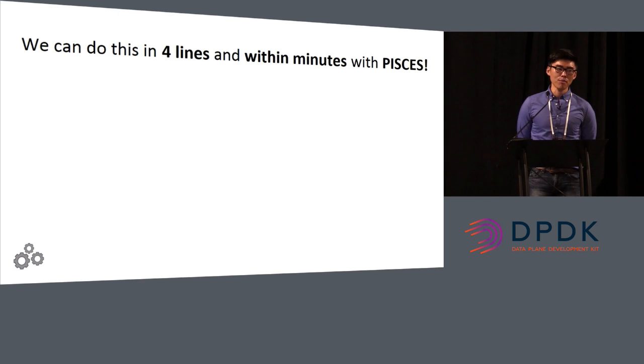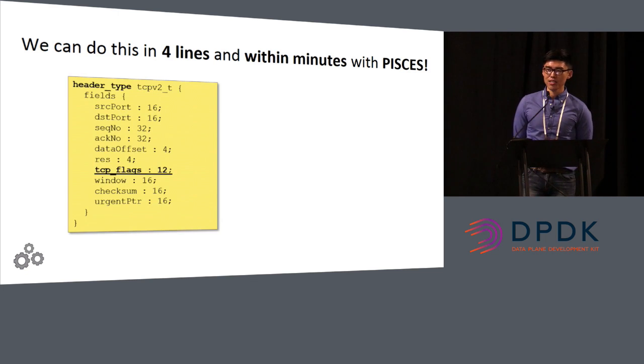So what I'm going to present today is that we could do this in basically 4 lines within minutes with PISCES. Let's consider the following snippets of code, something that looks very similar to JSON, and it just defines the header types. Here I named it TCP type version 2. And as you can see, all you need to do is add 12 bytes of TCP flag in there.